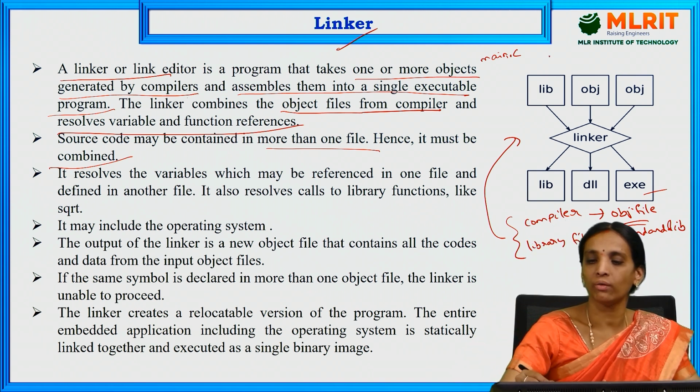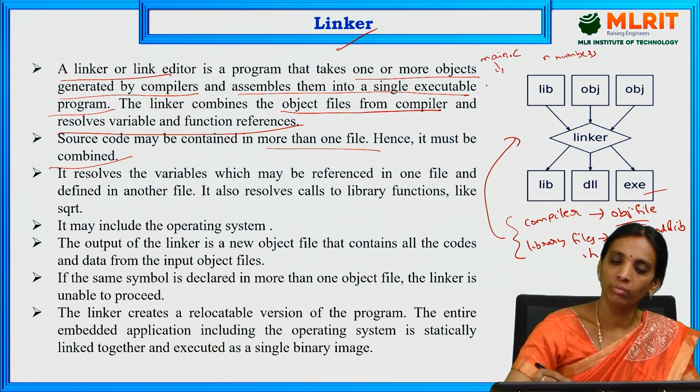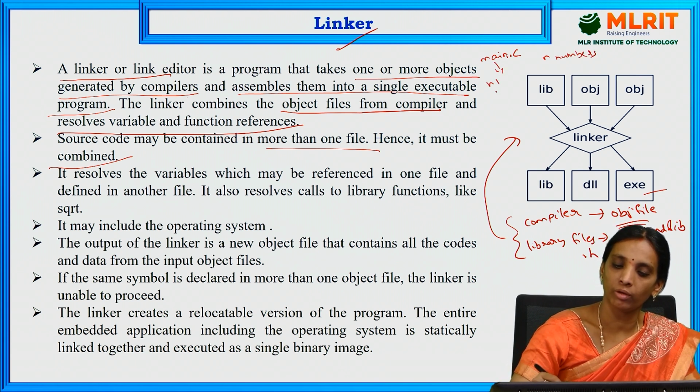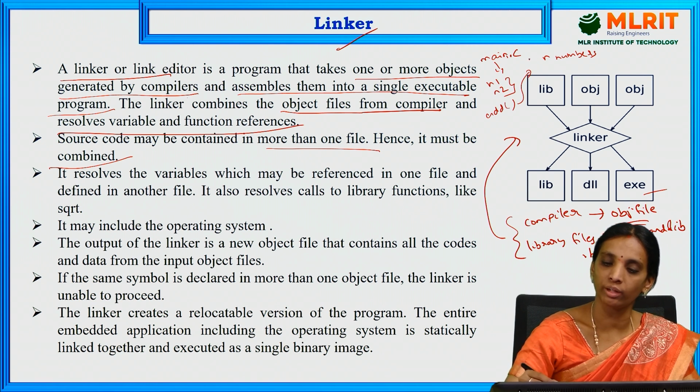If we want to add n numbers, in the main program we take two numbers, number 1 and number 2, and write a function called add. After reading these variables, execution goes to the add function, which is another file, add.c.